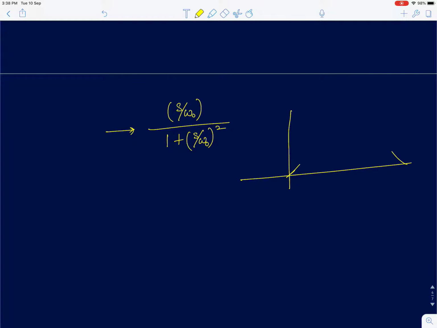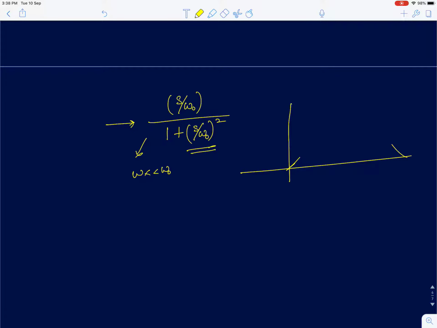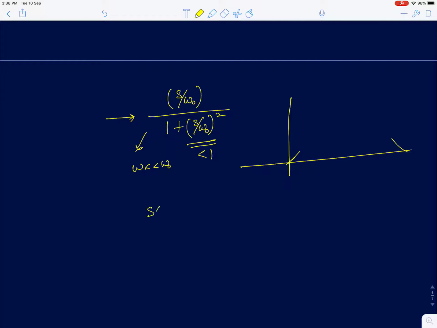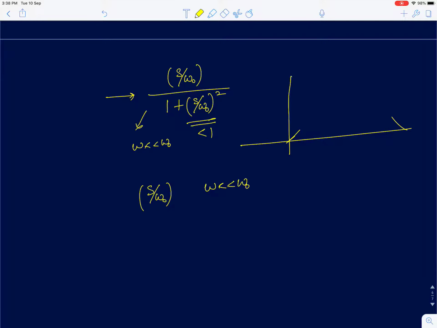Now if you look at this function, it has a very interesting behavior for low frequencies. When omega is much less than omega naught, I can ignore this term. This will be much less than 1, so the function simply reduces to s upon omega naught. For omega much greater than omega naught, I can ignore this term again.